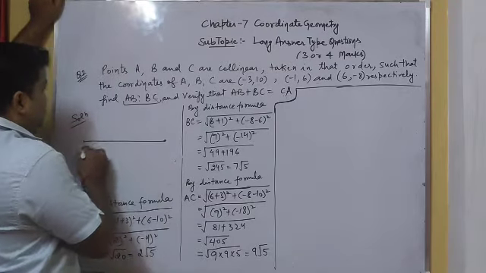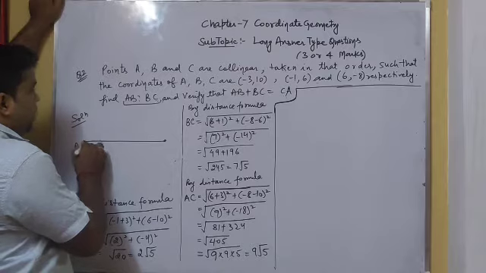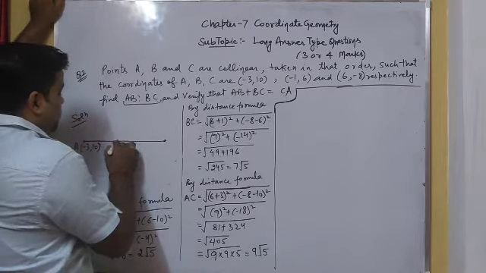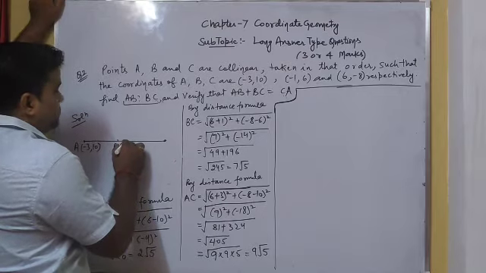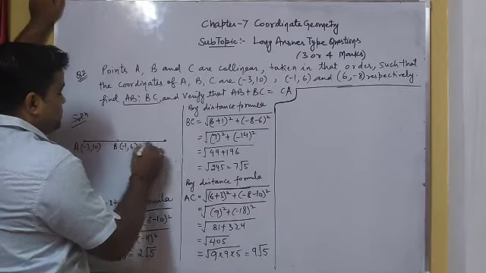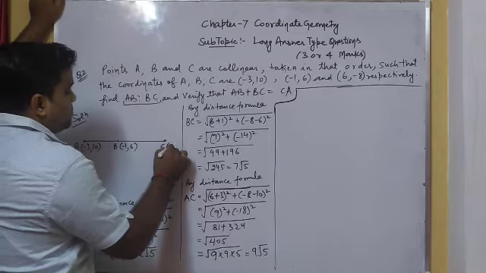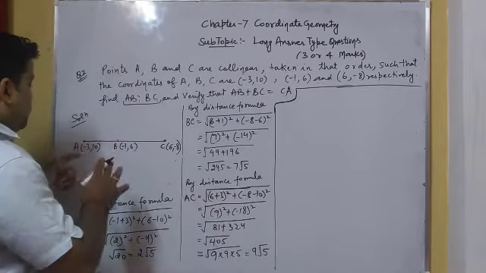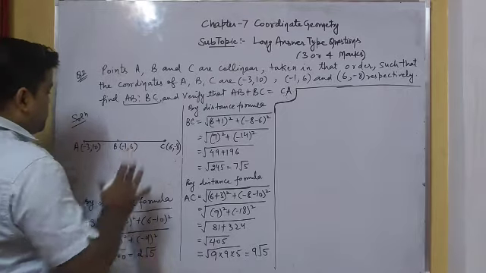So here we draw a line and we take the point A, its coordinate is minus 3, 10. The point B, its coordinate is minus 1, 6, and C, its coordinate is 6, minus 8. As these points are collinear, collinear points are those which lie on the same line.